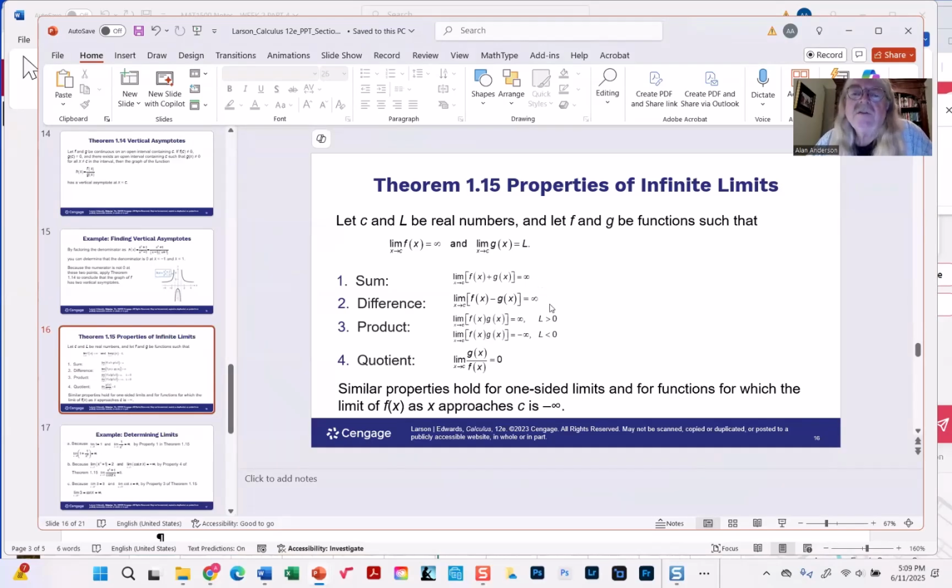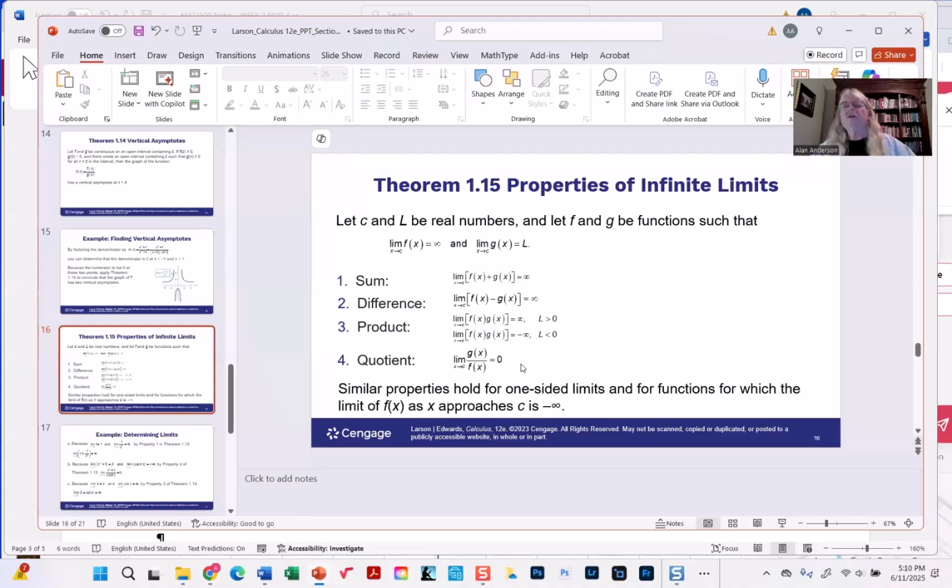If you're subtracting, it'll be the same thing. The product will be infinity as long as L is positive. If L is negative, the product will be negative infinity. And the ratio, as long as the constant is on top, will be equal to 0.